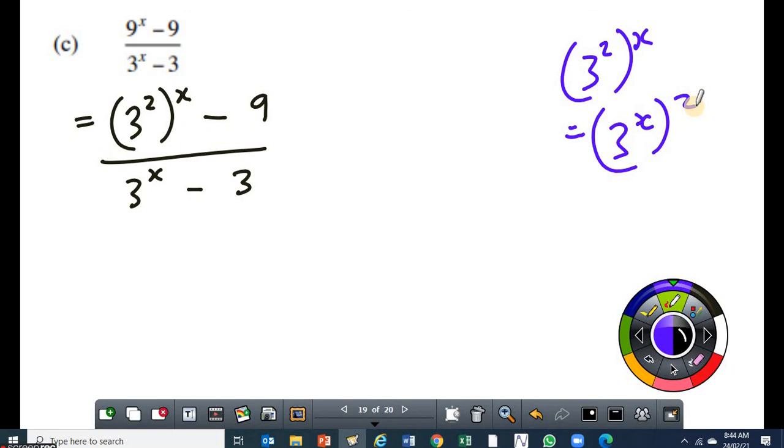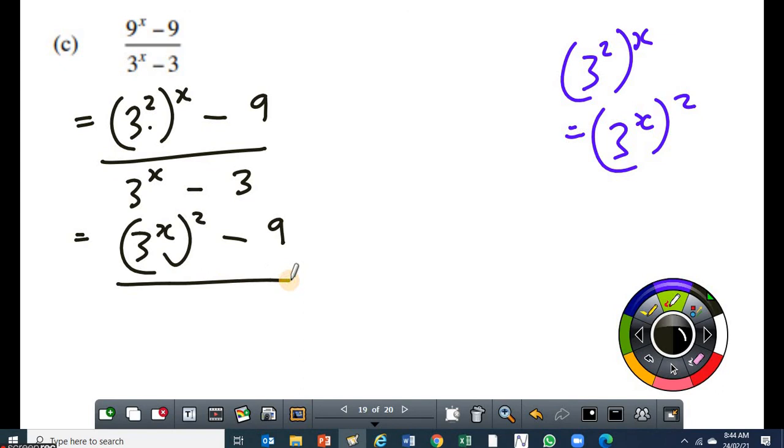So, from there, I can write that as 3 to the power of x all squared, minus 9, all over 3 to the power of x minus 3. Now, to make it a little bit easier for you, I'm going to introduce another letter, which is not x, which is not y.